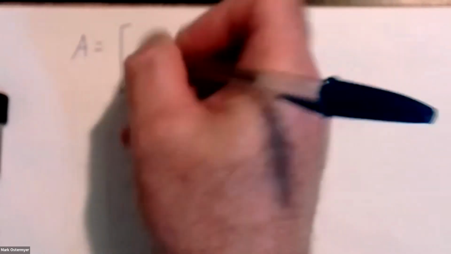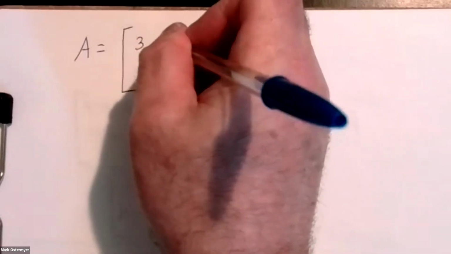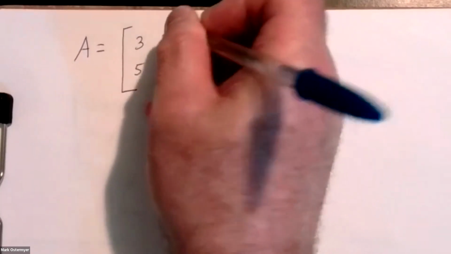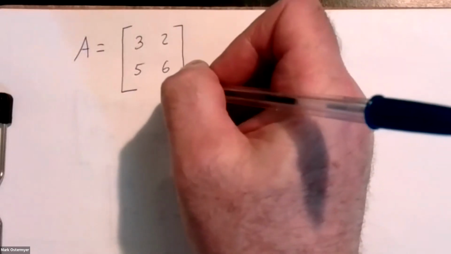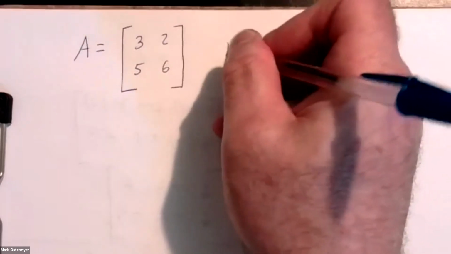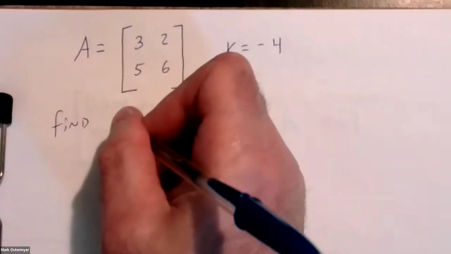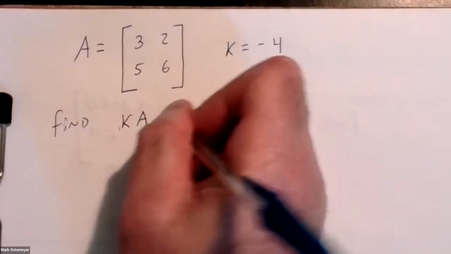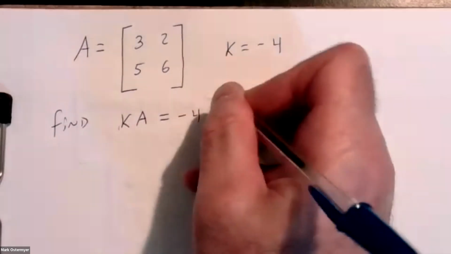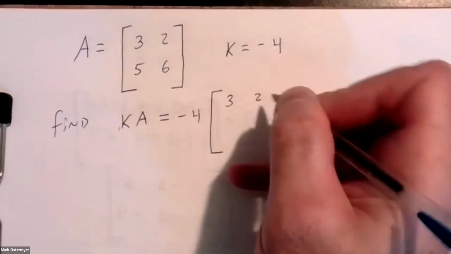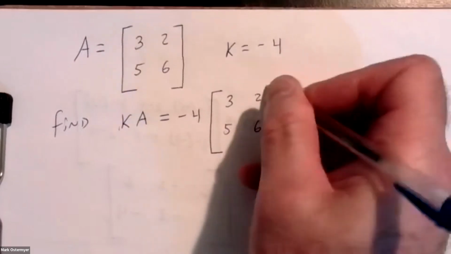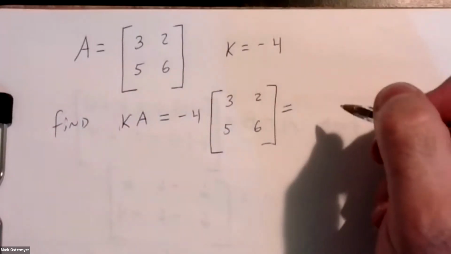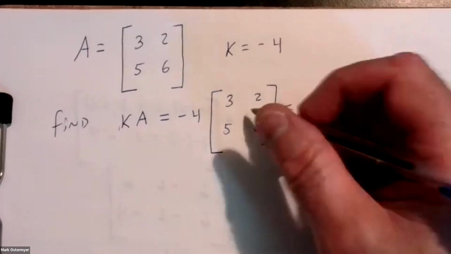Suppose we're given matrix A, which is this 2 by 2 matrix. And suppose that k is equal to like -4. Suppose we wish to find kA, which is to say -4 times matrix A. Which means nothing changes with the order of the new matrix. It's still going to be the same order.